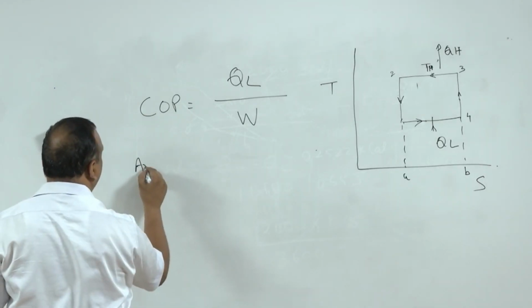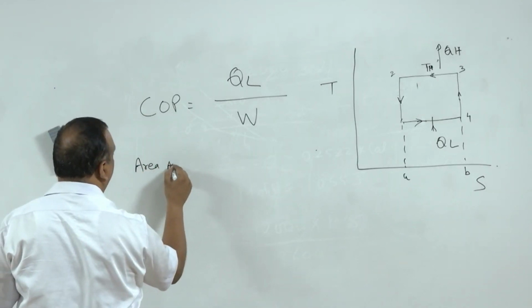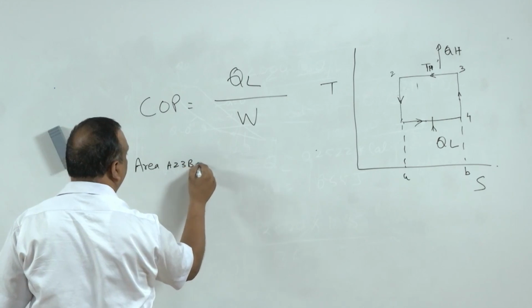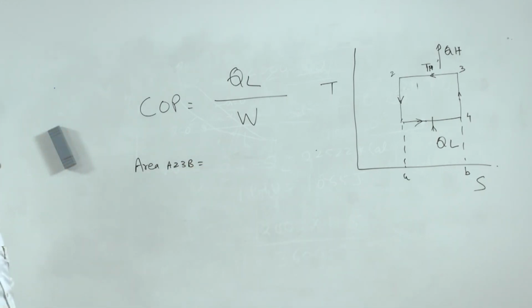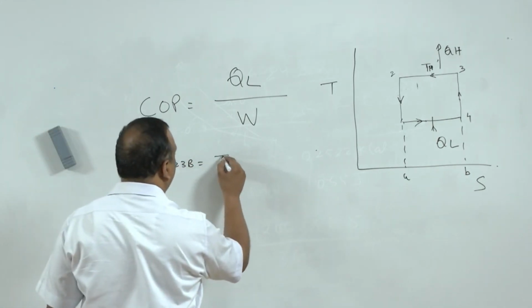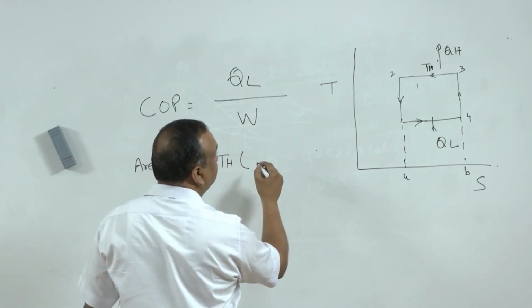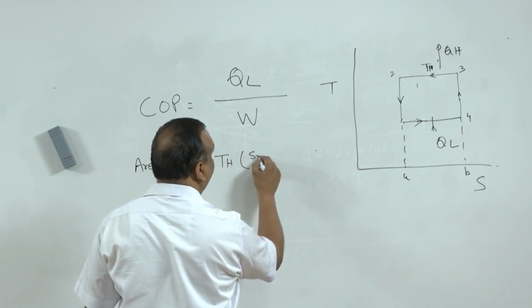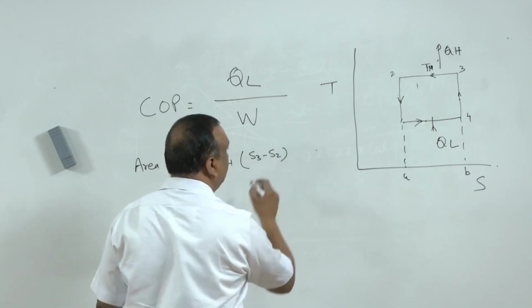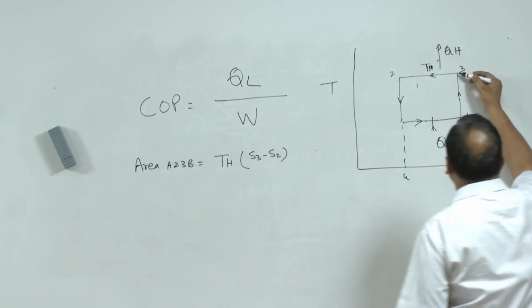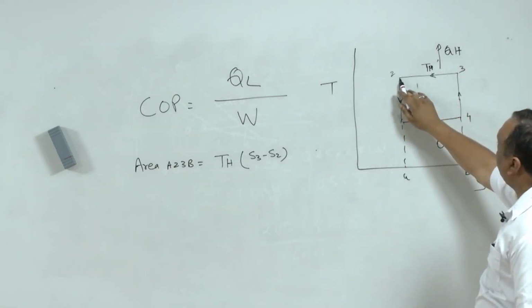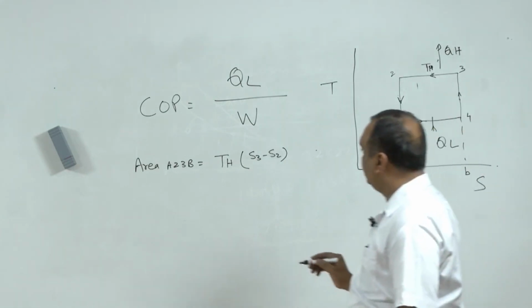The area of this rectangle A23B is equal to TH times (S3 minus S2). S3 is the entropy at this place and S2 is the entropy at this place.